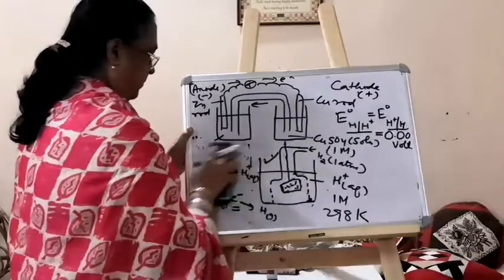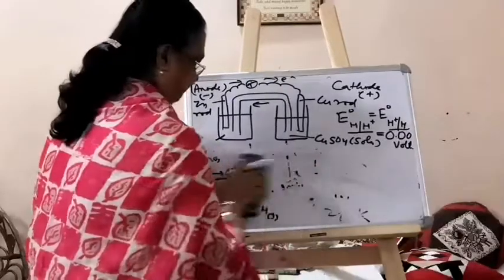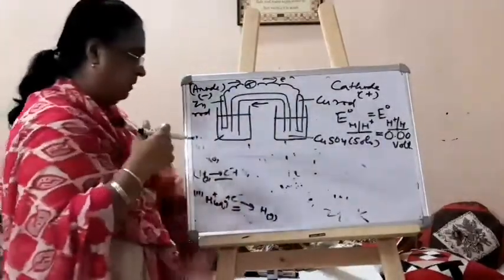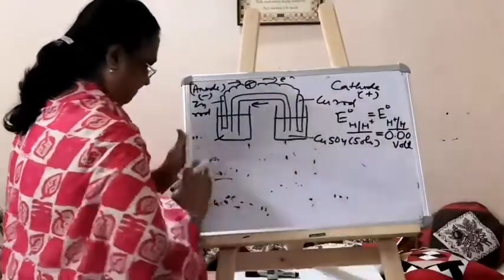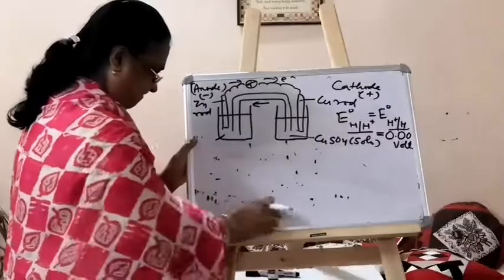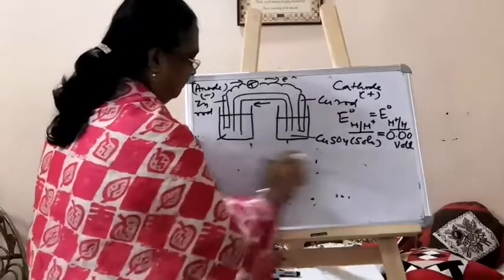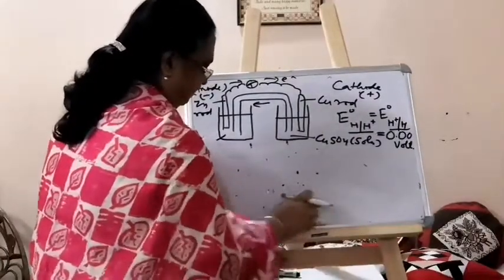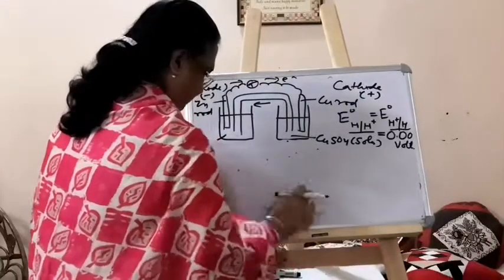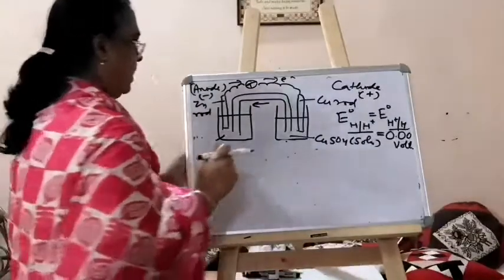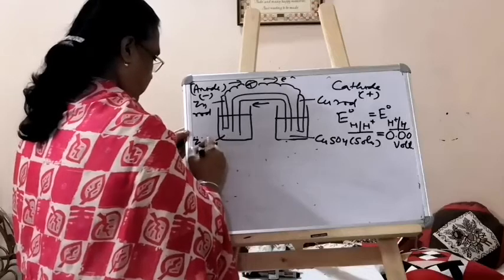Now I will show you its function. Now just see here. Suppose you have to find out the electrode potential of 1 molar zinc sulfate solution.